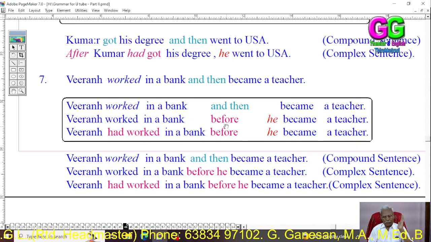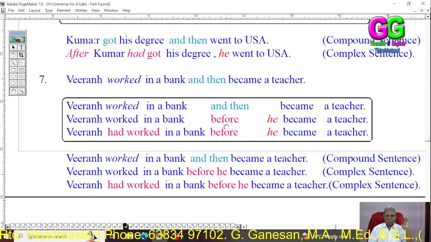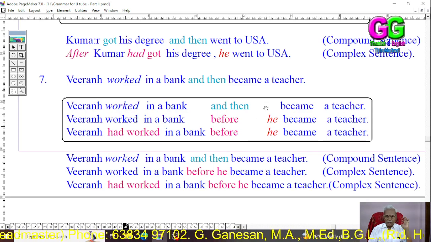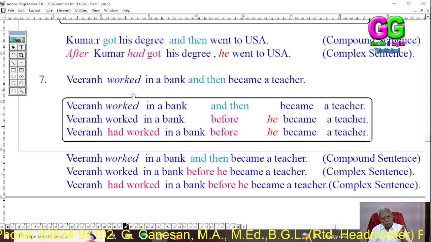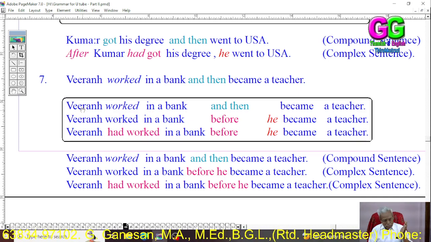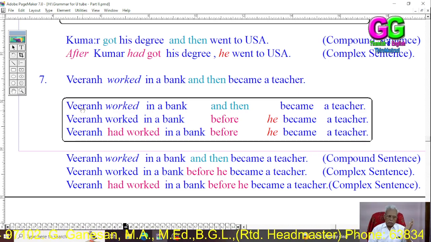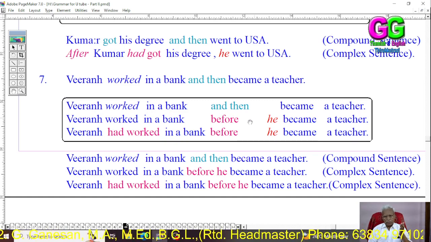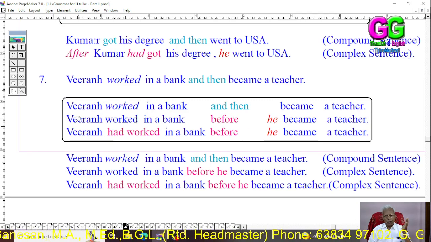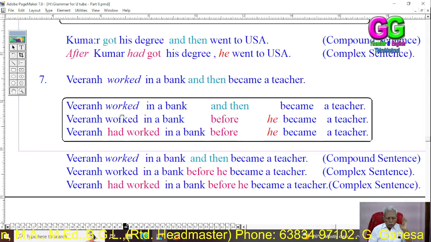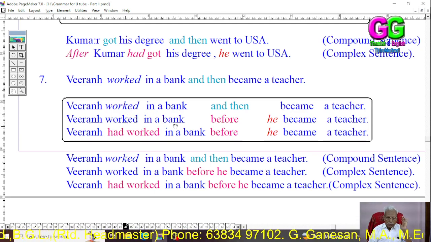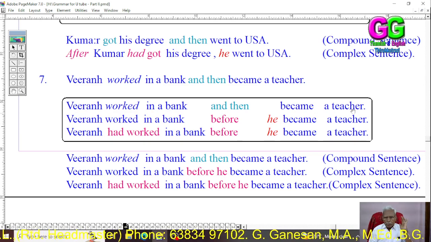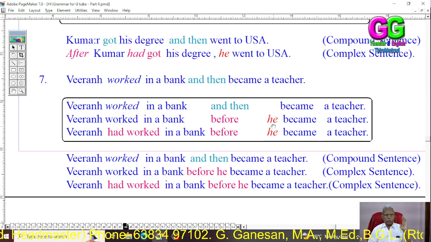Then there is no subject in the second clause, so I have used "he" as the pronoun of the first subject, Veeran. He is the pronoun of Veeran. So Veeran worked in a bank and then became a teacher becomes: Veeran worked in a bank before he became a teacher.